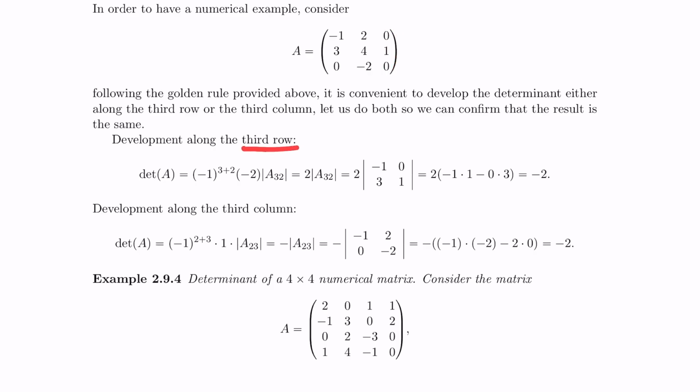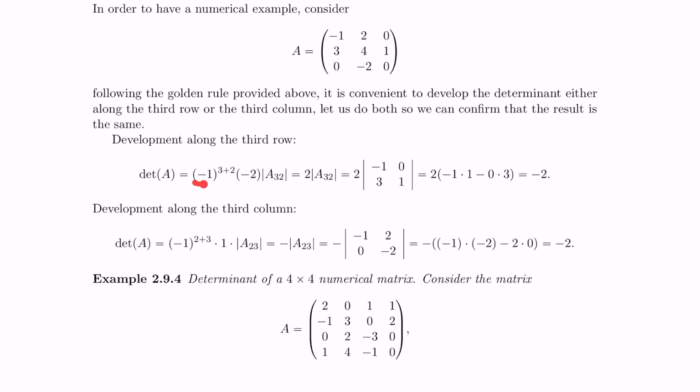I chose the third row, and we just have one term, the one related to the coefficient -2. So we have to write -2 times -1 elevated to the sum of the indices of this entry, and the indices of this entry are 3 because this is the third row, and 2 because this is the second column.